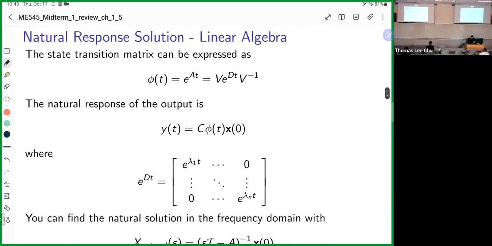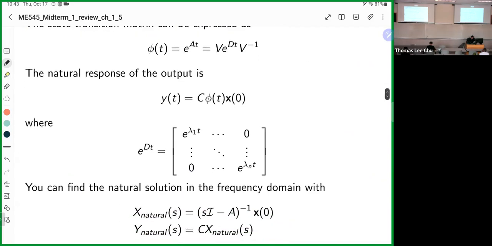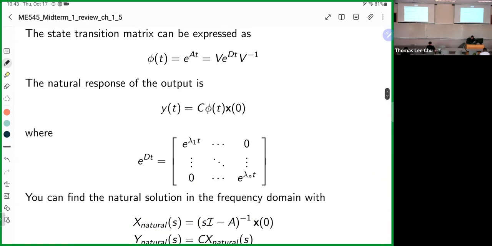And the textbook defines the state transition matrix as this. I guess in the previous slide, I already covered it. We can decompose it like that. And the natural response of the output is this form here: C times your state transition matrix multiplied by your initial condition, which is what we saw earlier on the earlier page. What we actually saw earlier was x of t total.